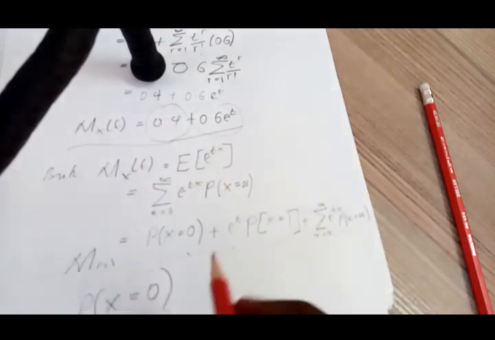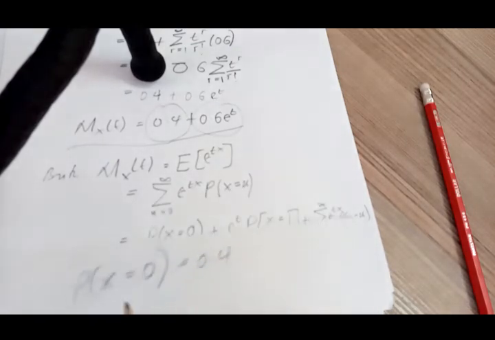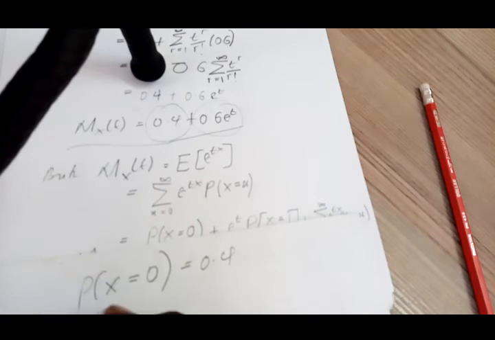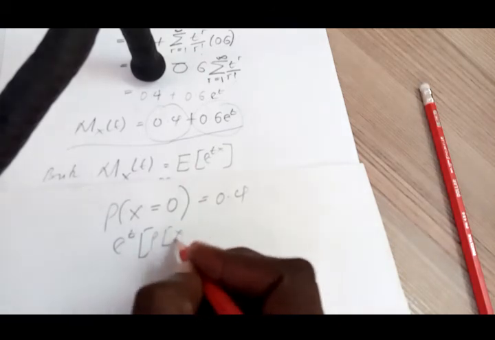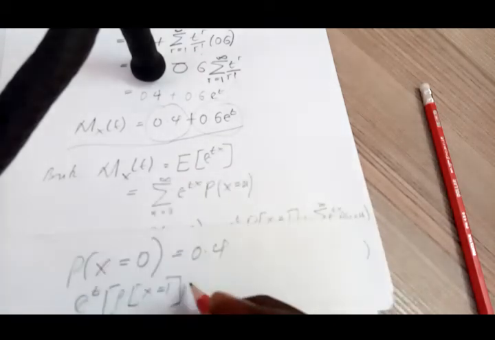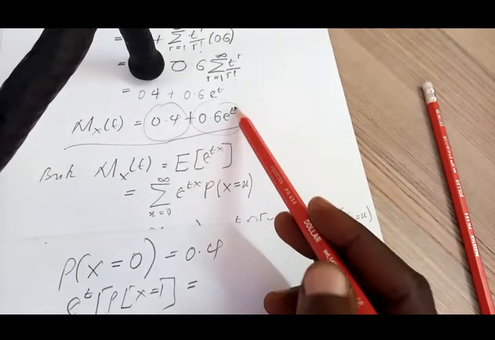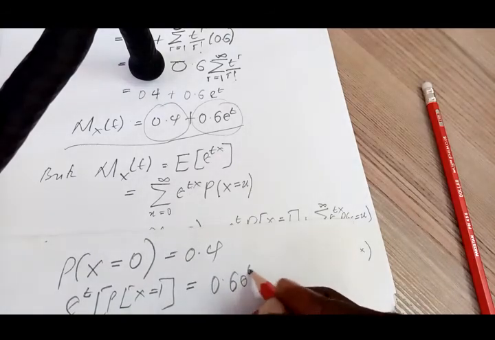This part here is supposed to be equal to 0.4. And then if you go to the second part, we are saying e to the power t times the probability of X equal to 1. Now this one should be equated to this other expression here, which is 0.6 e to the power t.